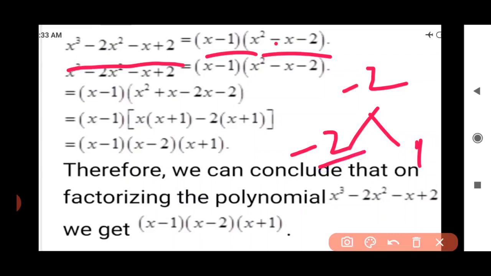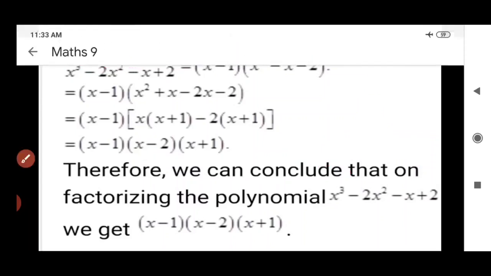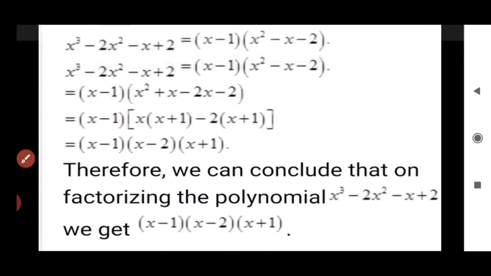Divided by the coefficient of x, which is 1, we can write x minus 2 and x plus 1. Therefore we can conclude that on factorizing the polynomial x cube minus 2x squared minus x plus 2, we get x minus 1, x minus 2 and x plus 1.